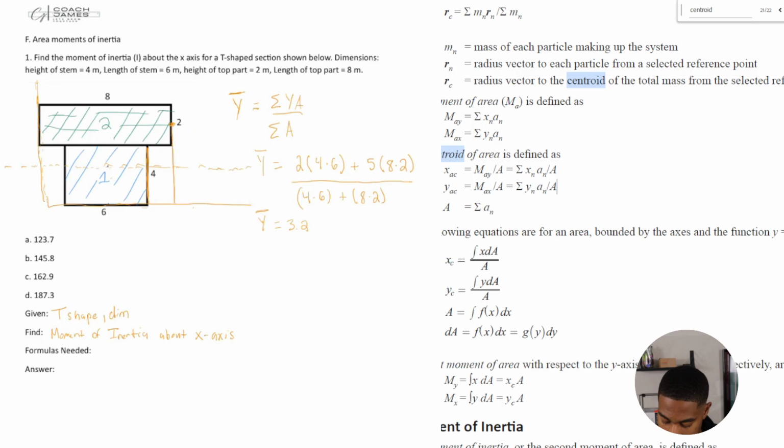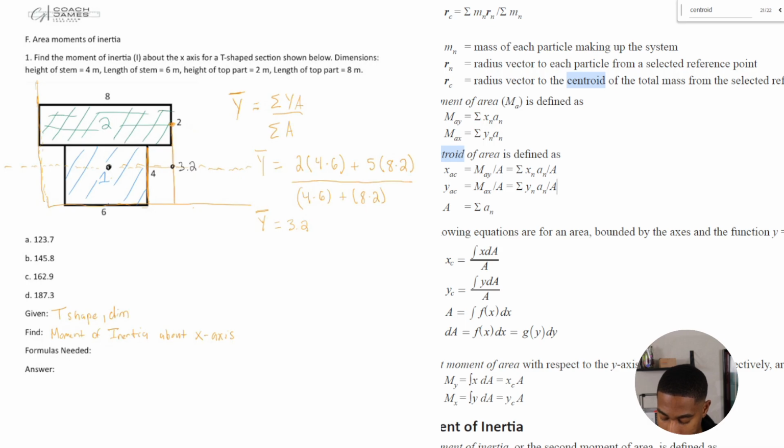Coming at 3.2. Let's call this 3.2. What's the value? It's the centroid of our entire piece.